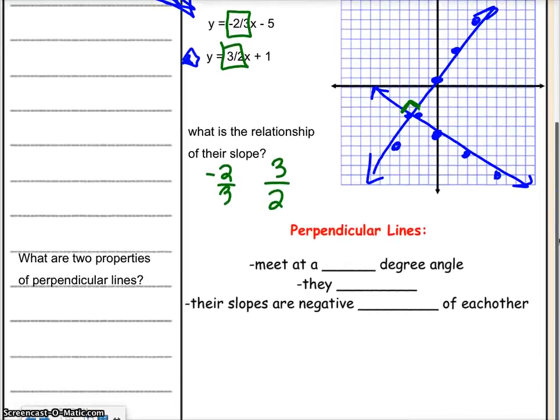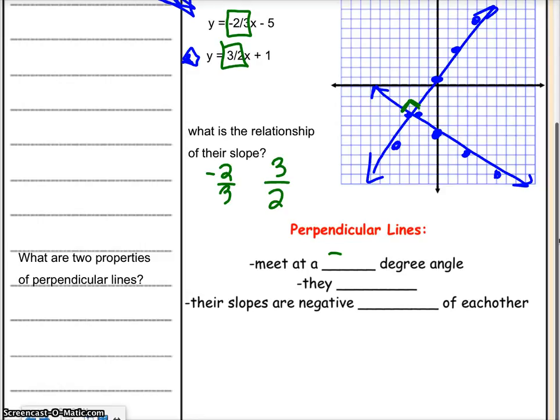Properties of perpendicular lines. They meet at a 90-degree angle. That's a property. And you want to know what else they do? They intersect. Yep, they sure do intersect. And you want to know what else they do?